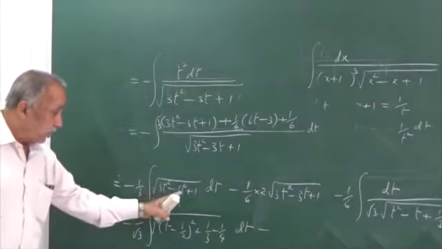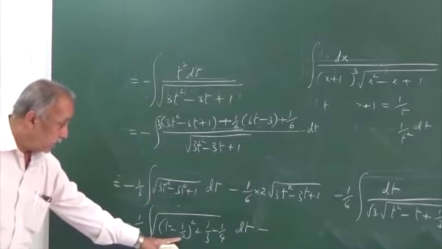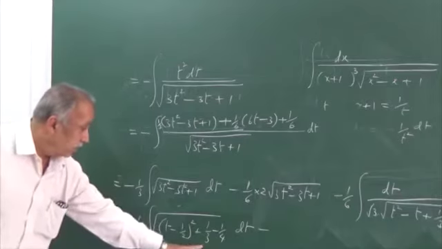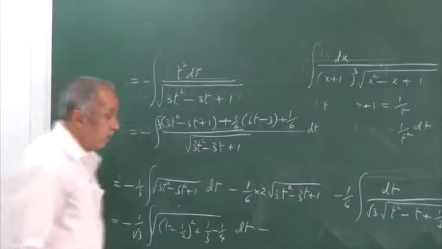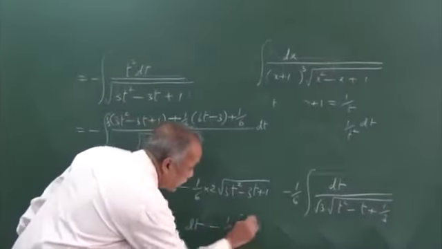It becomes t square minus t plus 1 by 3. On applying completing squares, t minus half whole square, I get t square minus t plus 1 by 4 removed, plus 1 by 3 added. Okay, remaining things as they are. I am copying the expressions as they are.